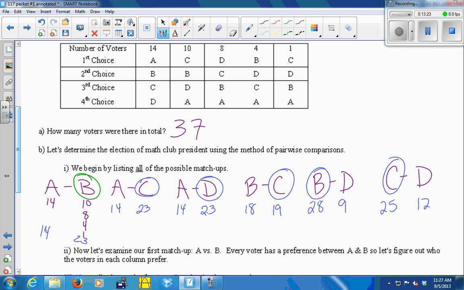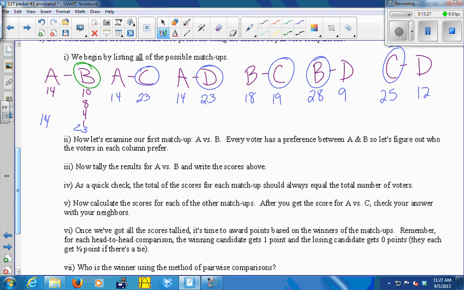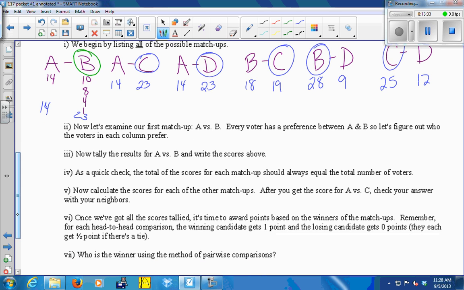All right, so now we calculate how many matchups each candidate won. So once we have all the scores tallied, it's time to award points based on the winners for each head-to-head comparison. Okay, so A, how many matchups did A win? None. So A gets 0 points.